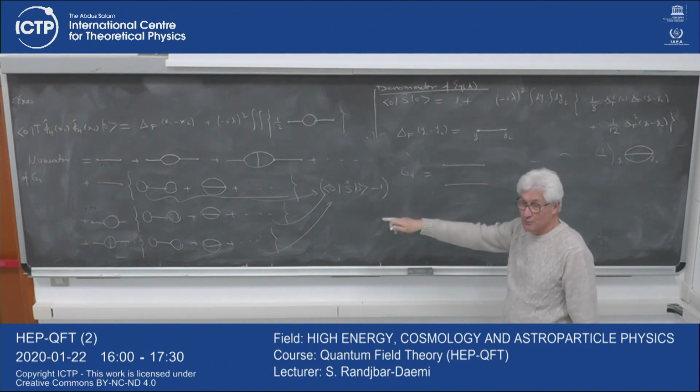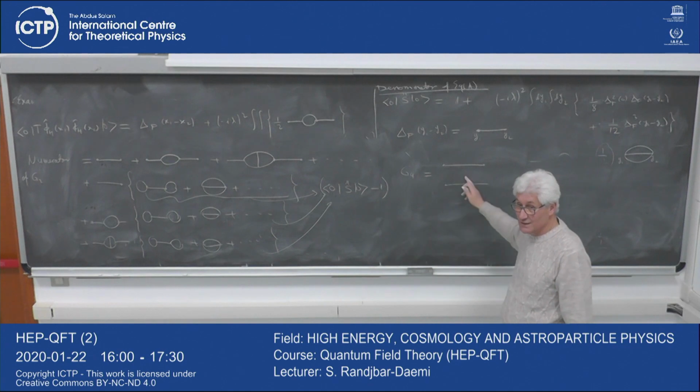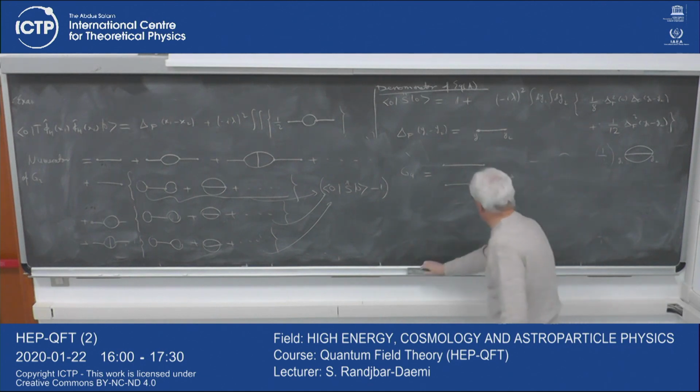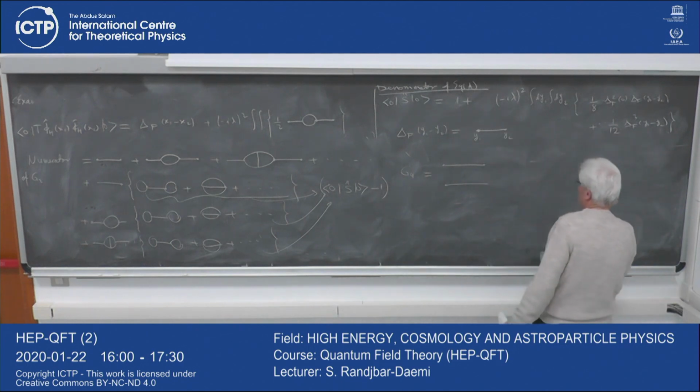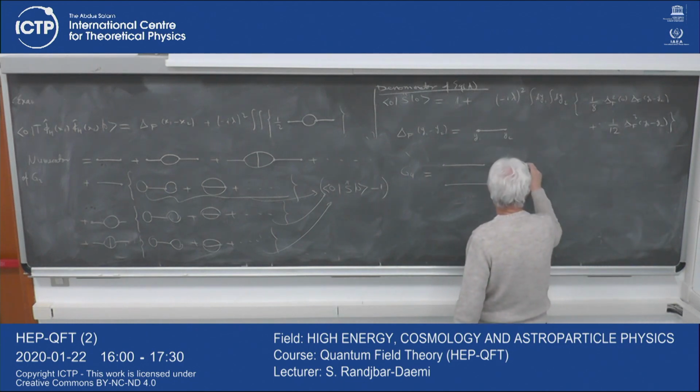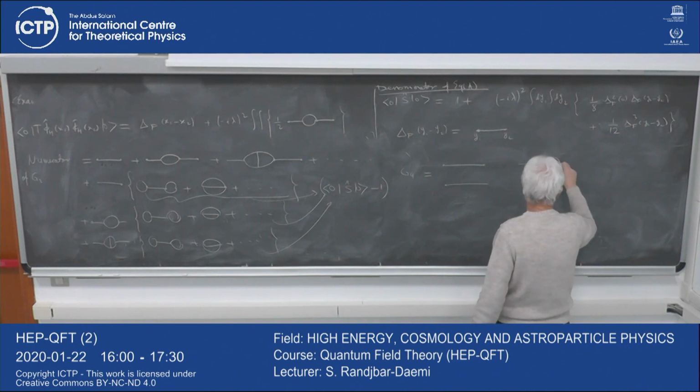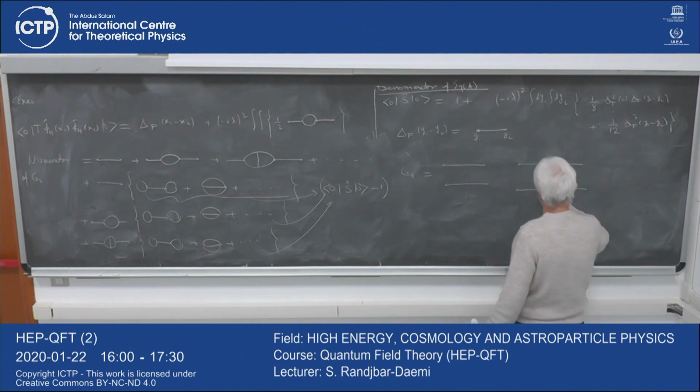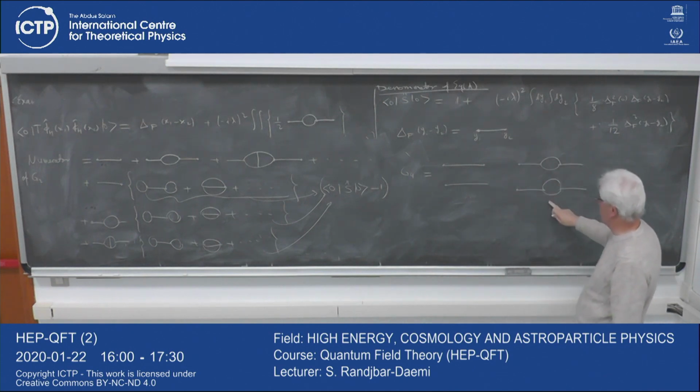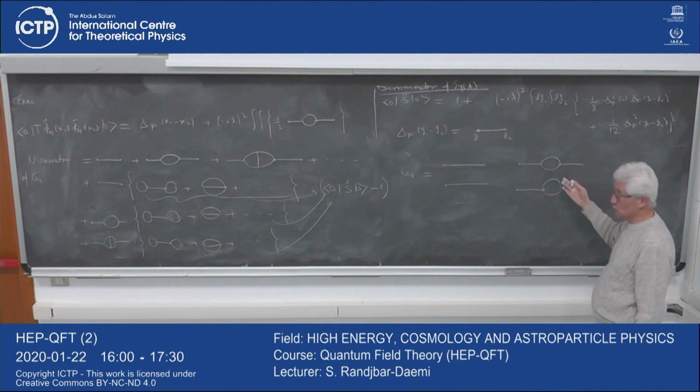That will not be eliminated by that ratio, because this doesn't have any vacuum bubble. Or this is a contribution to G4. Each one of them is a lambda squared term. If you go to lambda to the power 4, this will contribute to G4.